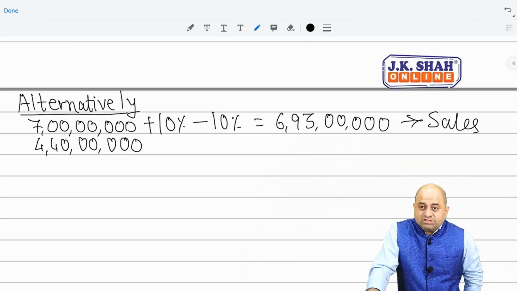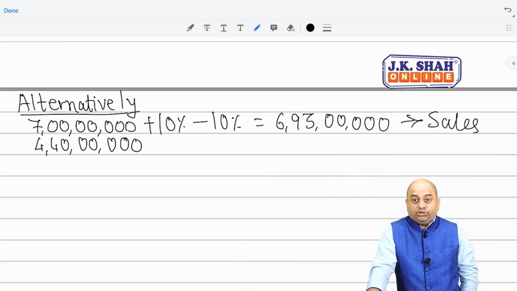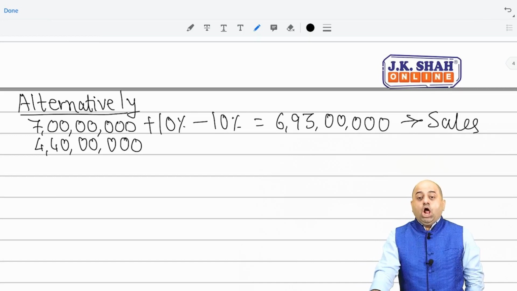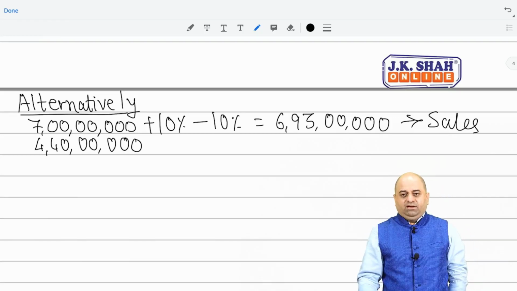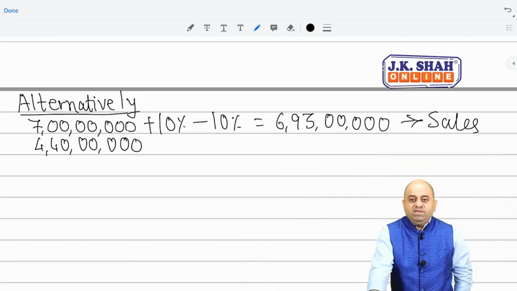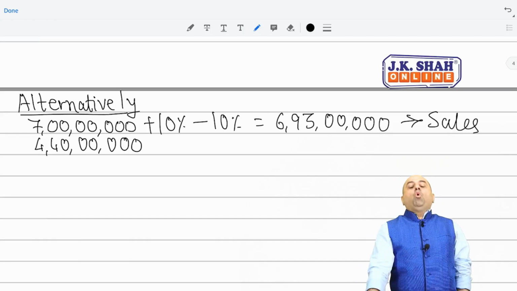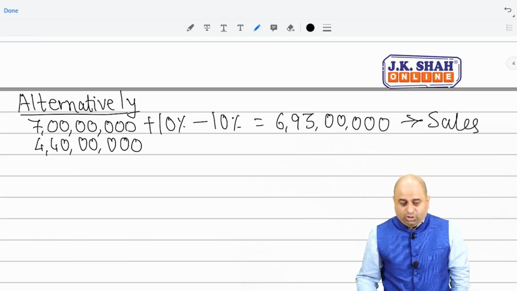I am not saying that per unit cost will change, but your quantity has reduced by 10%, so naturally there will be an effect on total variable cost.